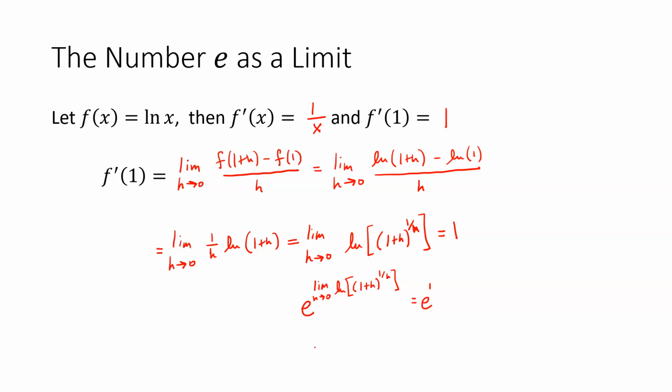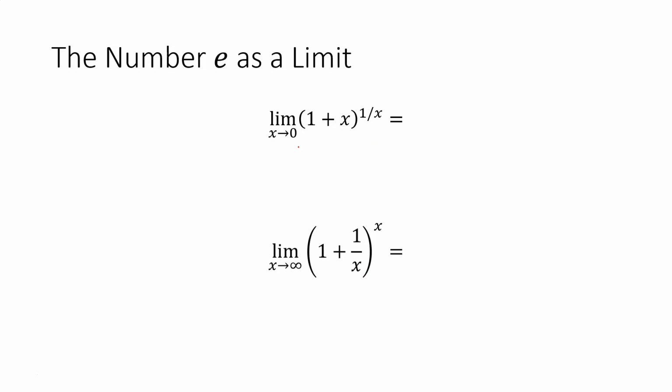So this would be the same as the limit as h approaches 0. E to the ln would just cancel, so we're just left with 1 plus h to the power of 1 over h. So here we have one way of expressing the limit as h approaches 0 of 1 plus h to the power of 1 over h is equal to e. So we've expressed e as this limit.